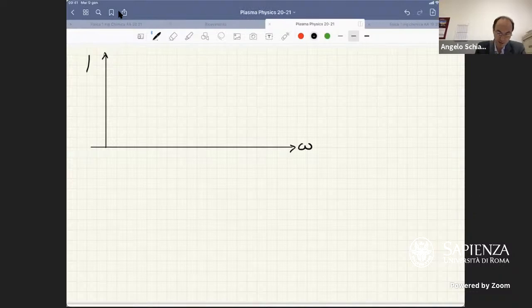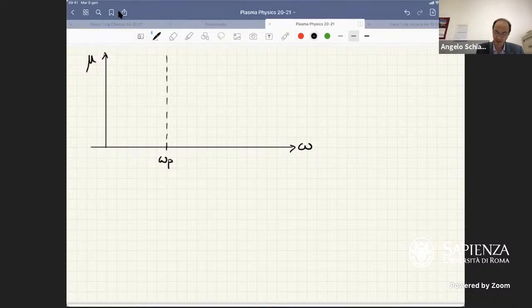There is a particular frequency which is important, the plasma frequency here, called the cutoff frequency.